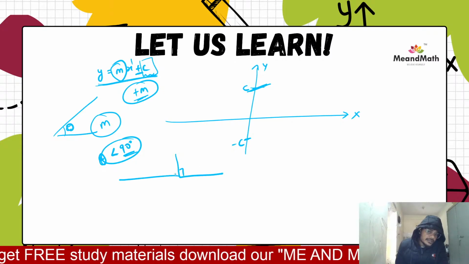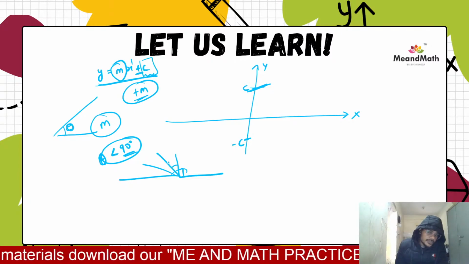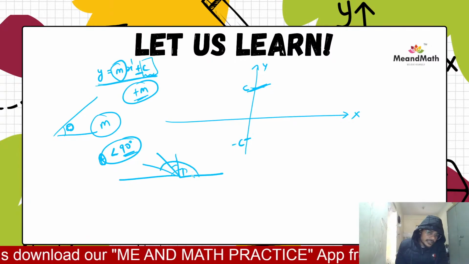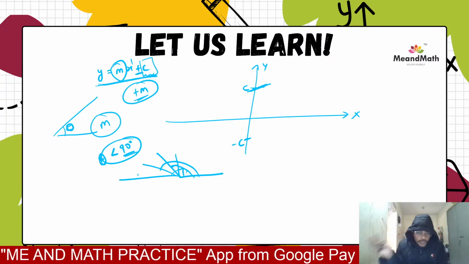This is 90 and this is 180, so your theta should be something like this. And what is theta? The angle between your line and your x-axis.